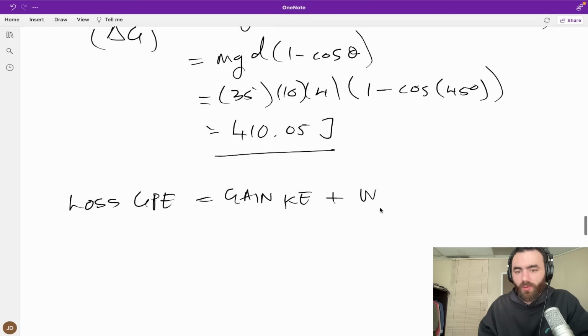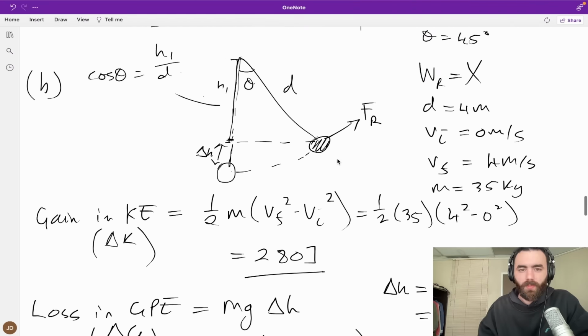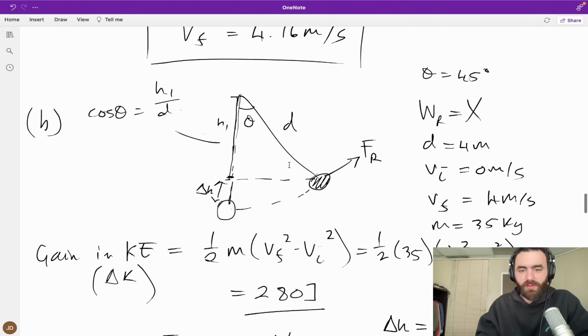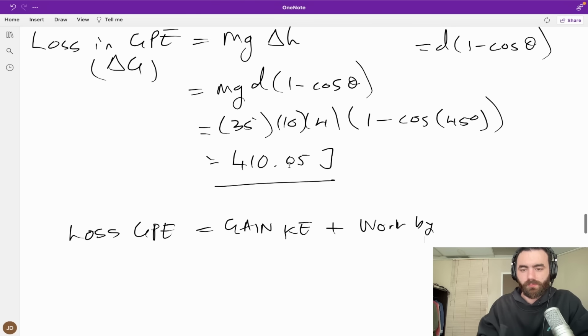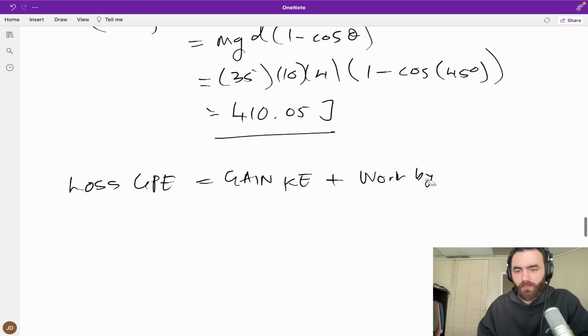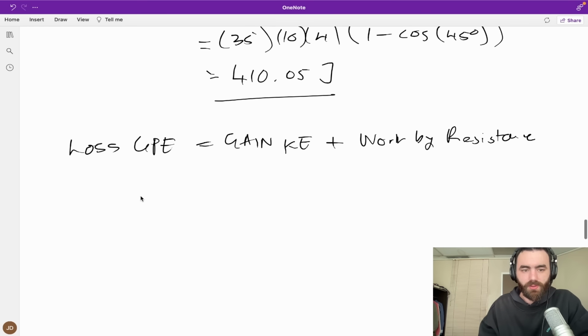So you can write change in G equals the change in A plus the work done by the resistance force.